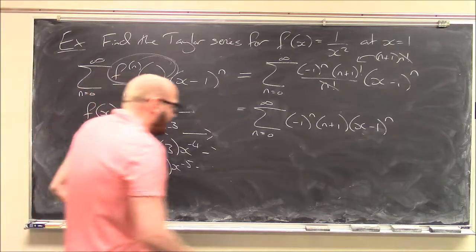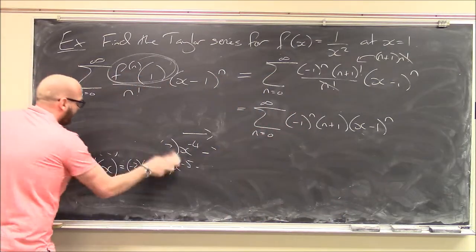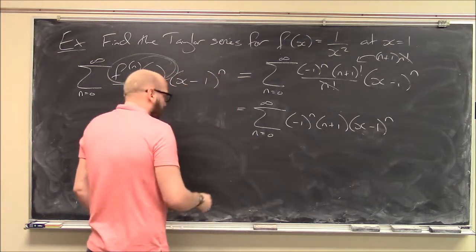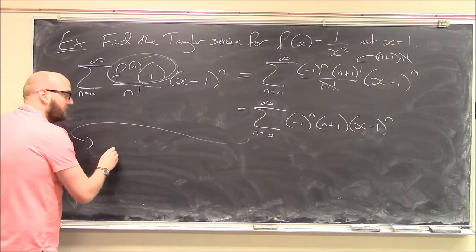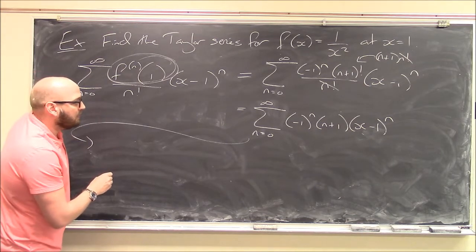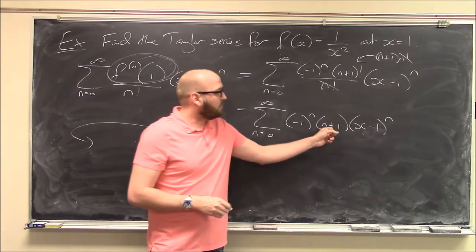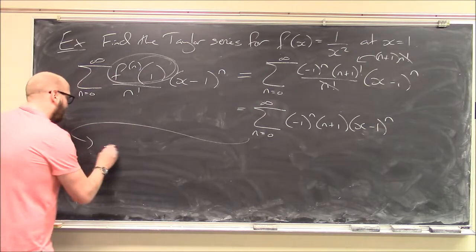And I want to do a little bit more with this. What if I wrote out the first few terms? So n equals 0, what do we have? We've got positive 1 times 1 times 1. So that's just 1.